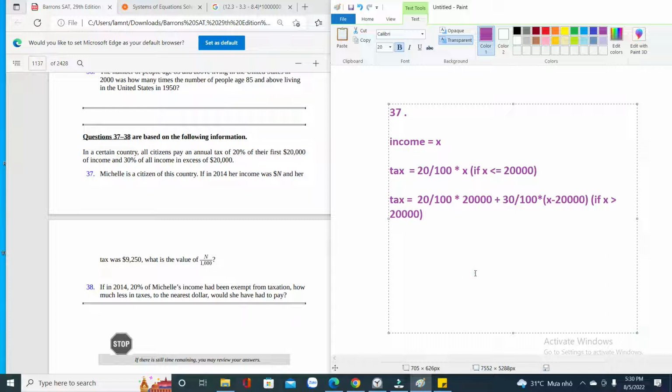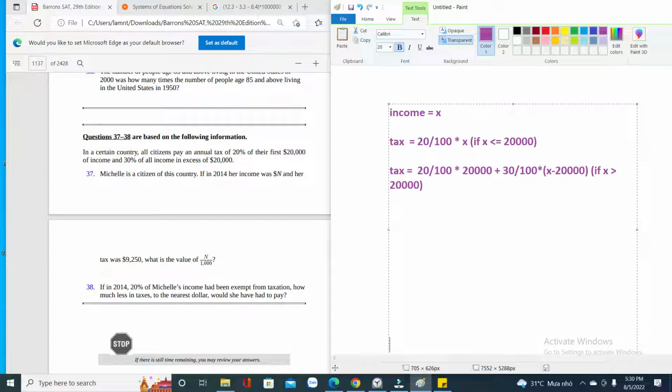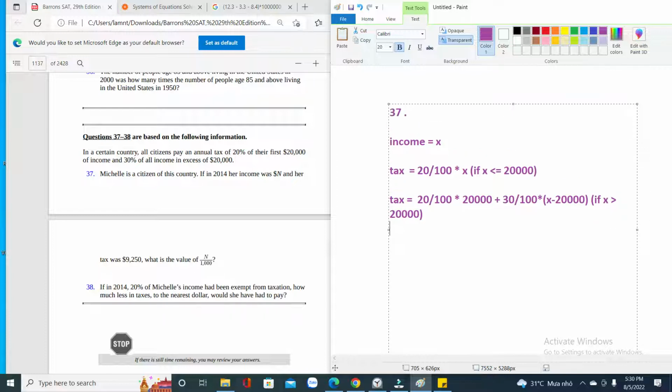So income here is n. In 2014, Michelle's income is n.